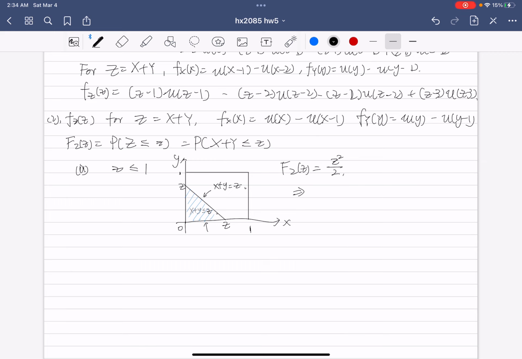Now we can get the probability density function of z, which is the derivative of the distribution function of z, which is z.